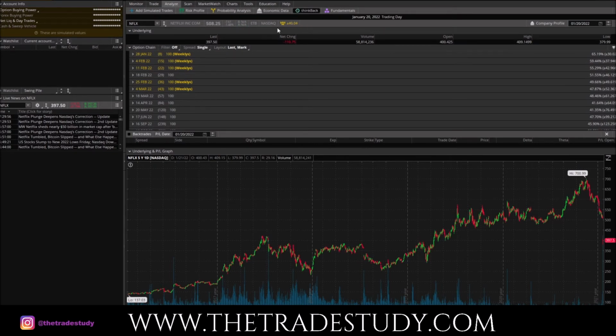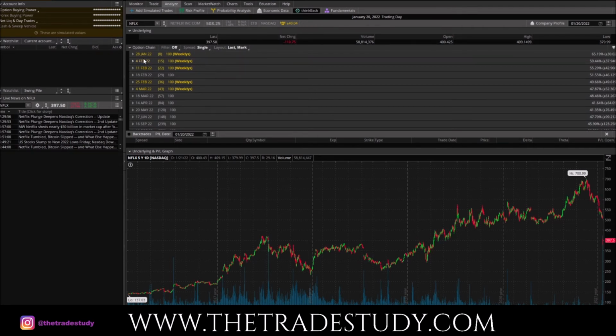Right after market, they reported their earnings. The stock was at 508.25. And you have the market pricing in a $40 move to the upside and a negative $40 move to the downside. And you can see this is quite a wide range, and that the options chain had a lot of activity.